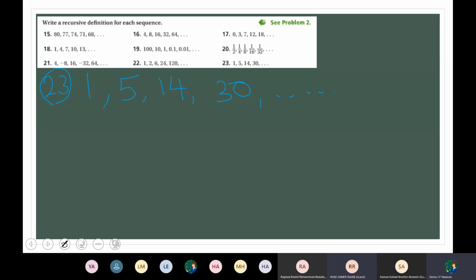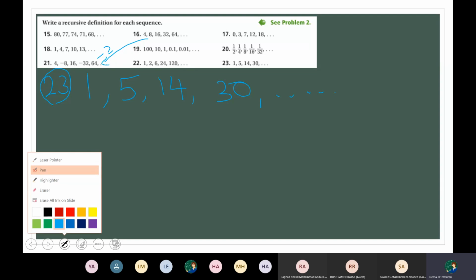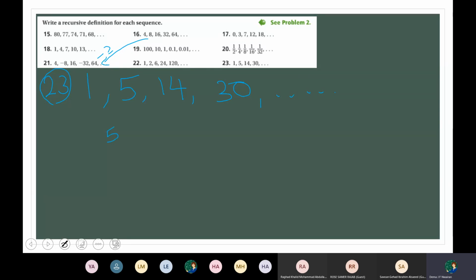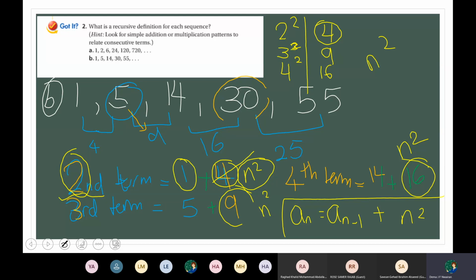Let's try to solve 21. It is the same idea, but here multiply by negative 2, not by 2. Here now, 1, 5, 14, 30. Let's try to find the ratio. 5 over 1 is 5, 14 over 5 is approximately... Teacher, we solved it. Number 23, did you solve it? It's the same as the one we got.